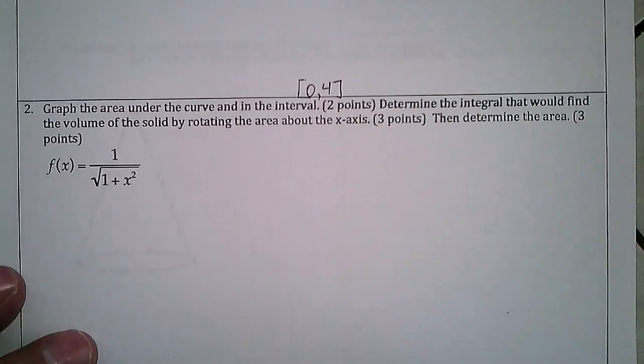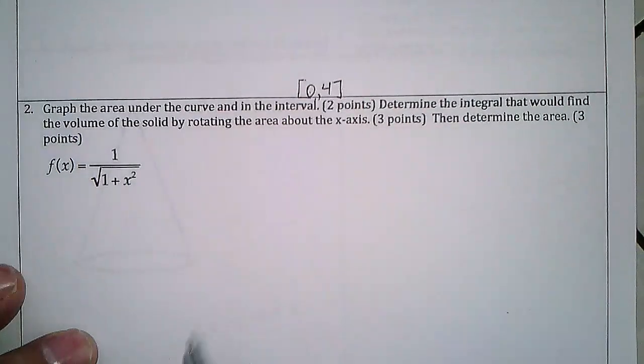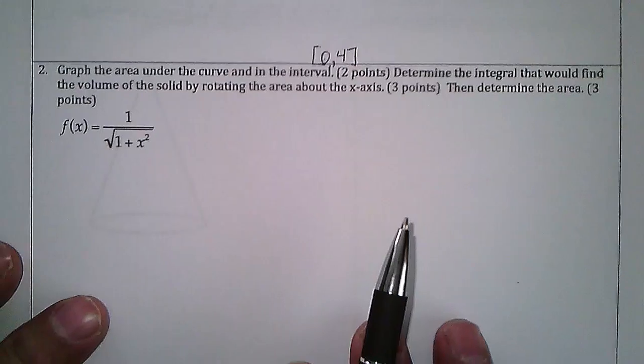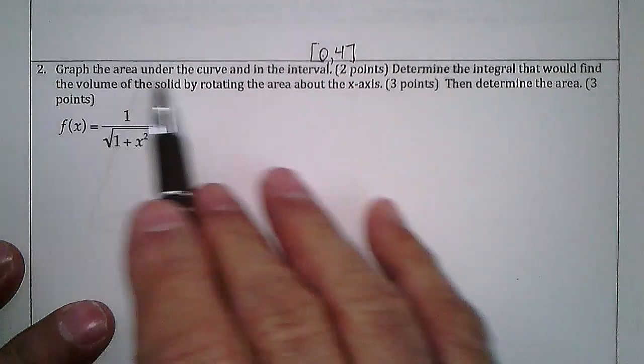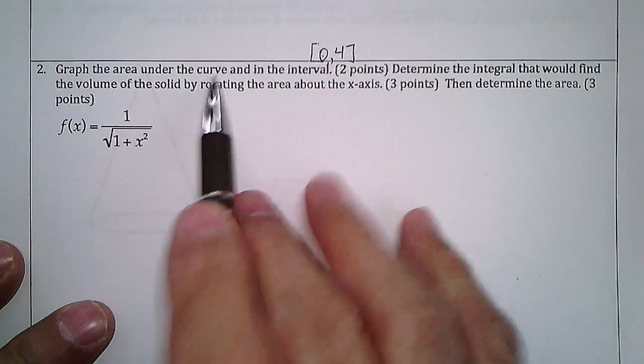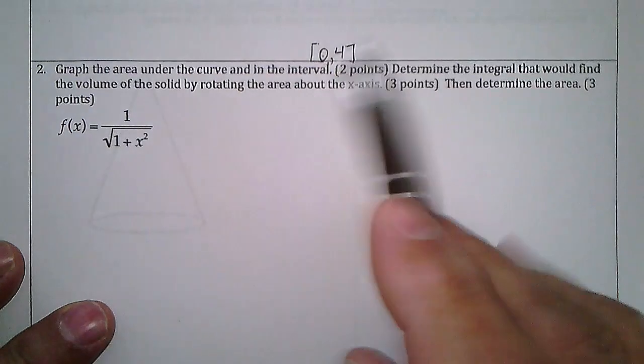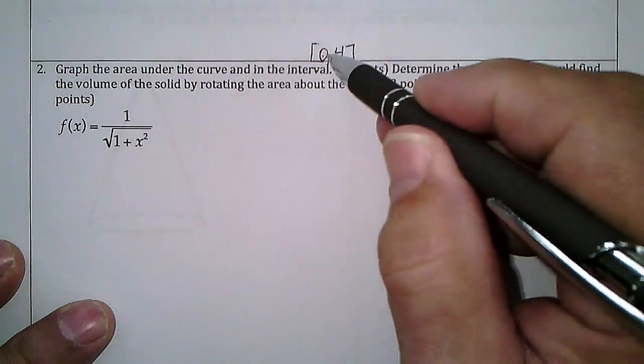Number 2, I forgot to state the interval, so I put that on the board in class. For those taking the test, it says graph the area under the curve. So we've got to graph this between 0 and 4.